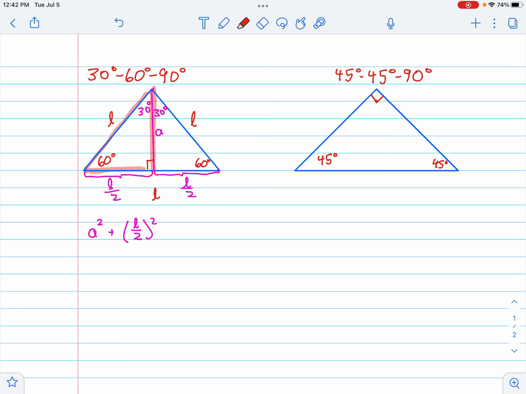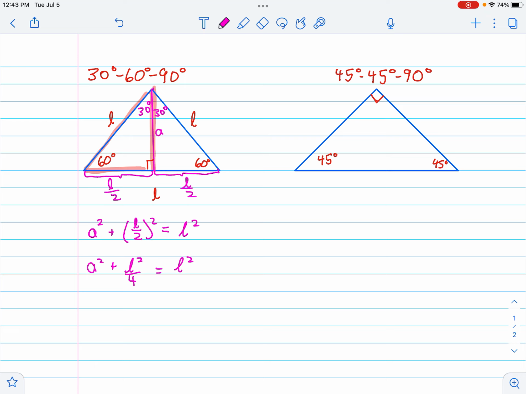So I've got a squared plus L over 2 squared, and that equals L squared. So we've got a squared plus L squared over 4, sorry about that, L squared over 4 equals L squared.